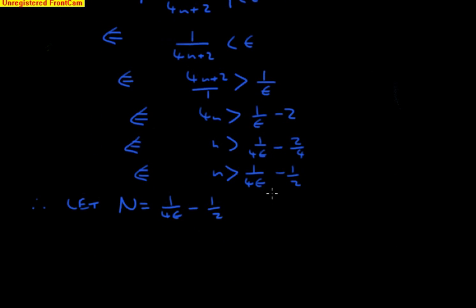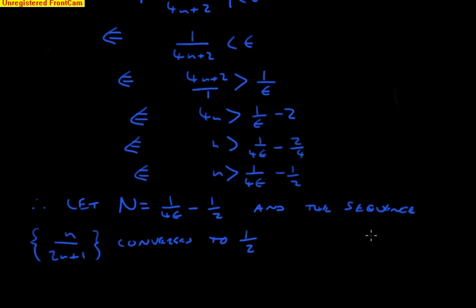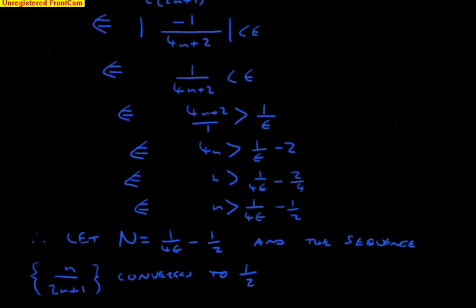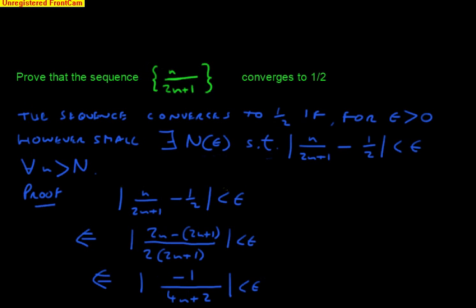So if we let n go, and the sequence n over 2n plus 1.